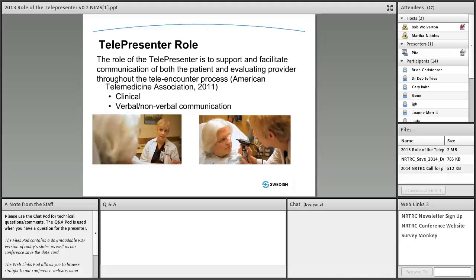So the role of the telepresenter is to help with that process. They really wear many hats in some respects. Since we use nurses only, their nursing foundation does not leave the room. When they walk in the door, not only are they telepresenting for the physician, but that nursing hat stays on, which means that they advocate as well. So the role is actually pretty complex.